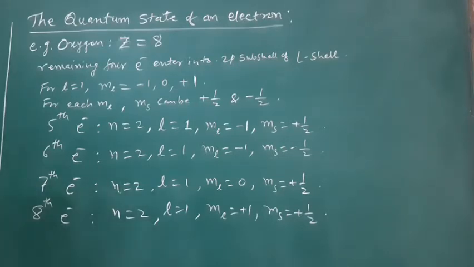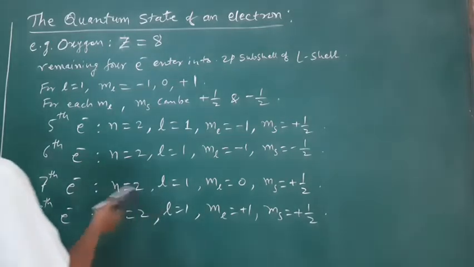So that is how we can write the quantum states of an electron for all the electrons belonging to a particular atom.